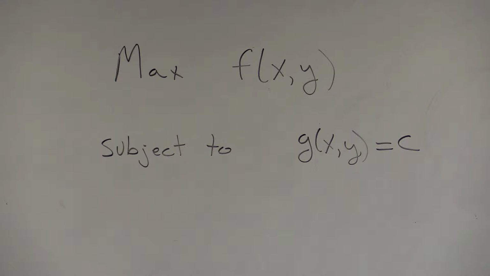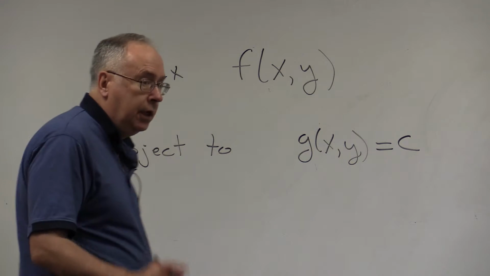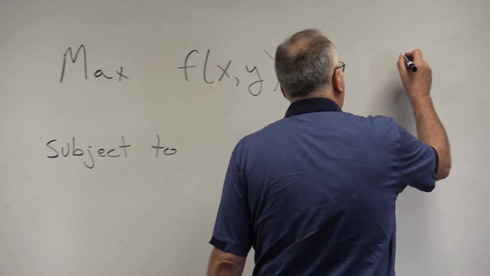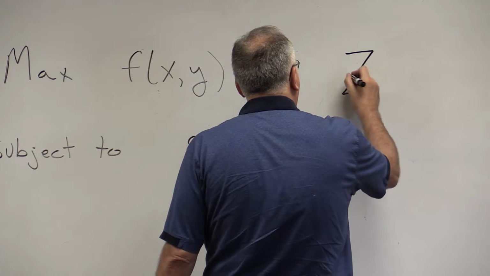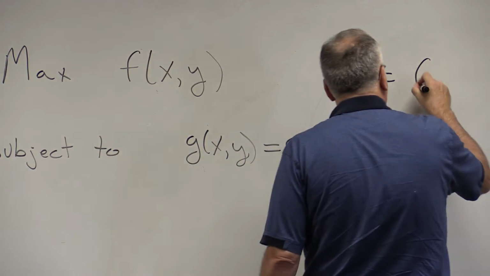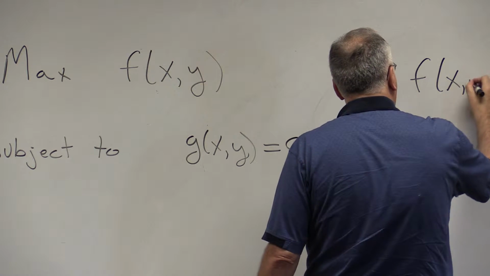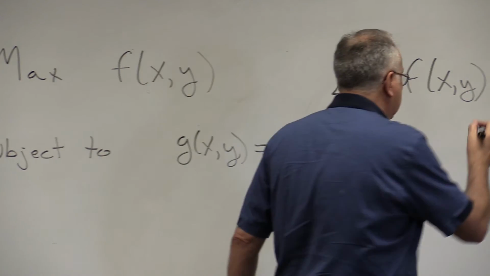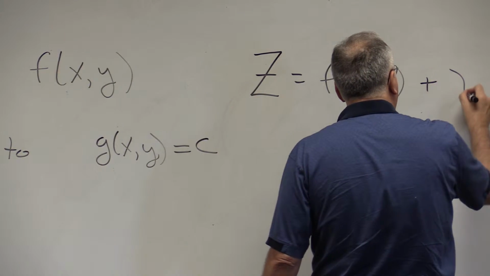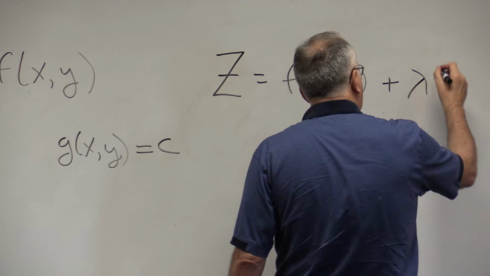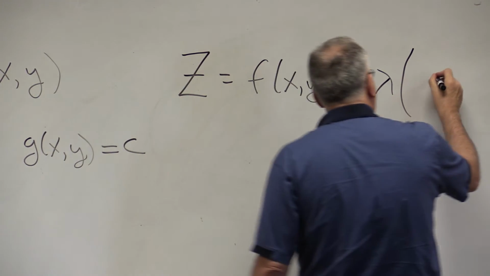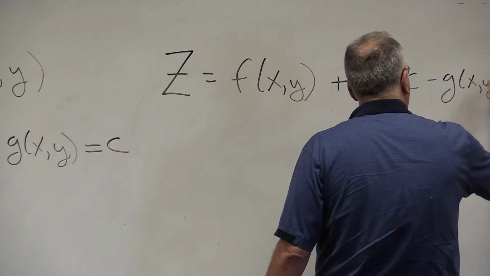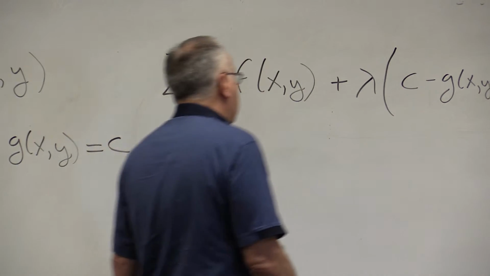Then Jacob, our Lagrangian function is what? Big Z equals f of x, y, plus lambda, in parentheses, c minus g of x, y.